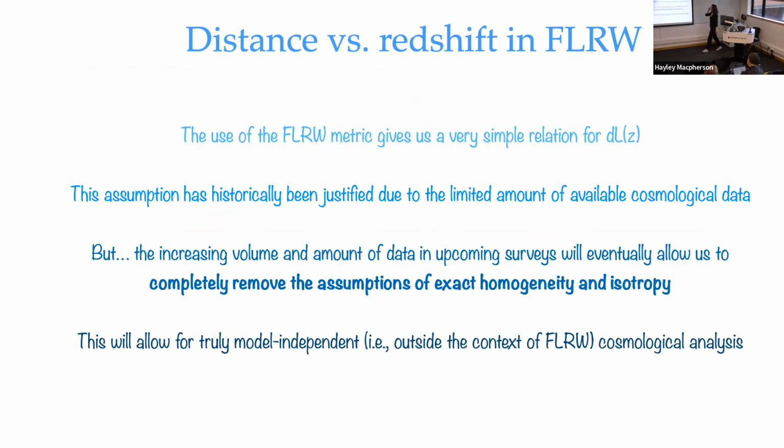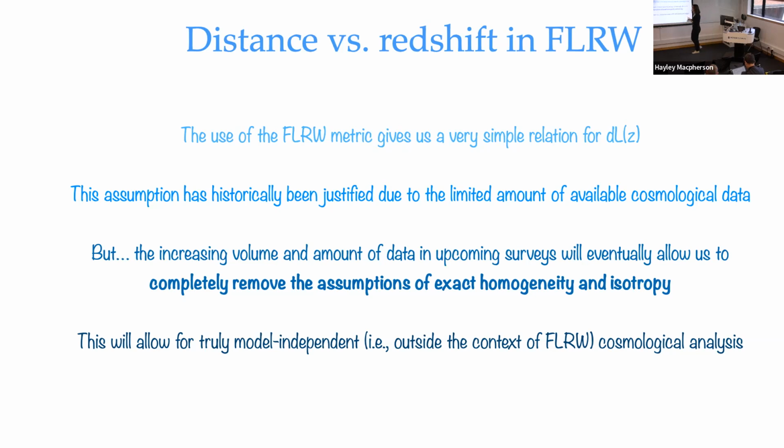Using the FLRW metric, this gives us a very simple relation for the luminosity distance as a function of redshift. Historically, this might have been justified because of the limited amount of cosmological data. In order to extract any kind of cosmological information, we needed to make quite a lot of simplifying assumptions.